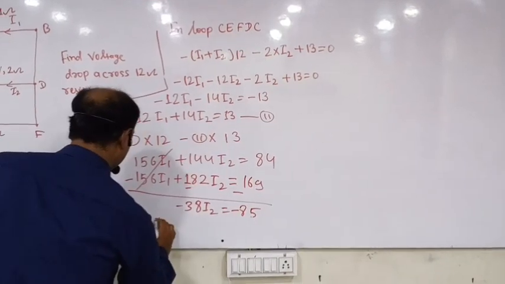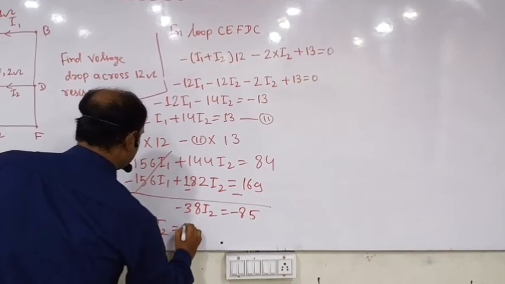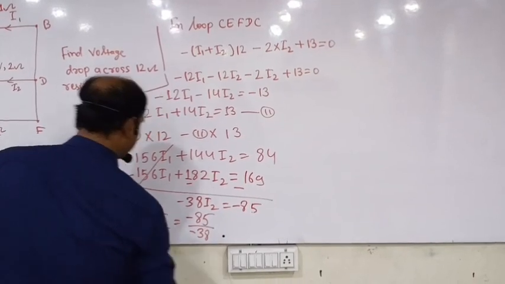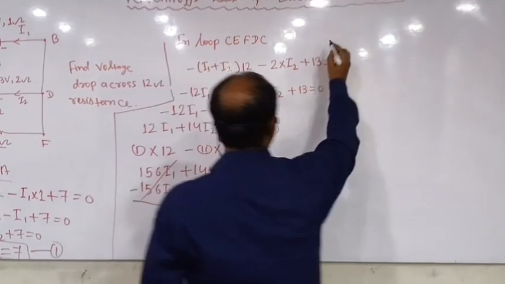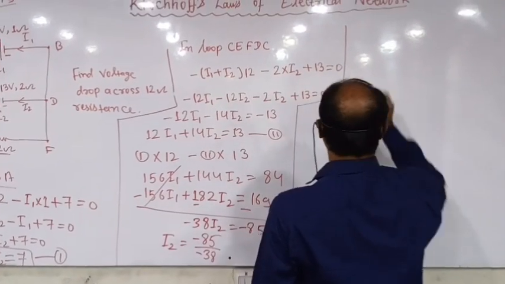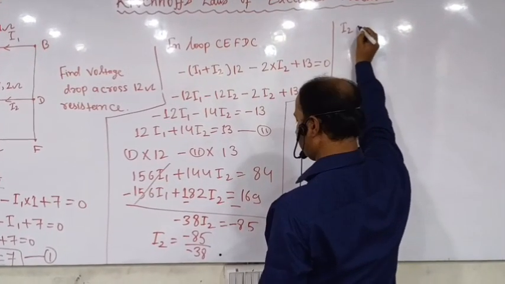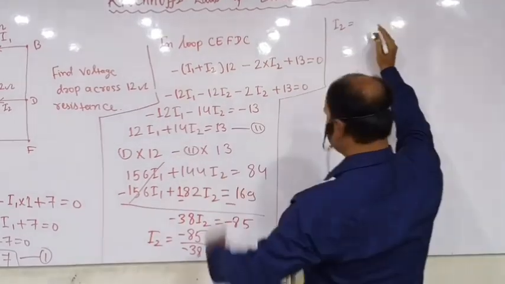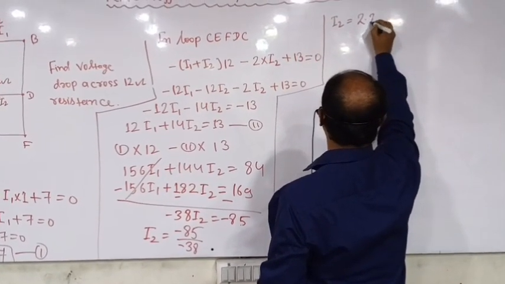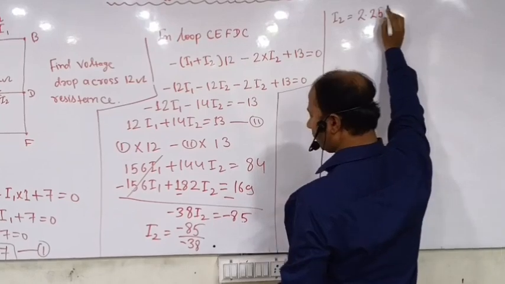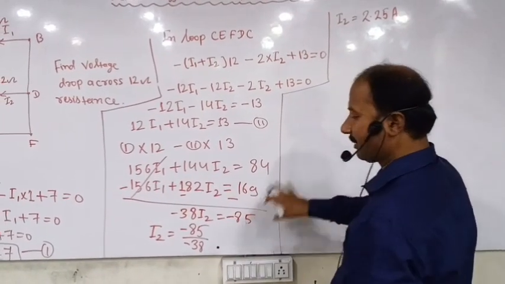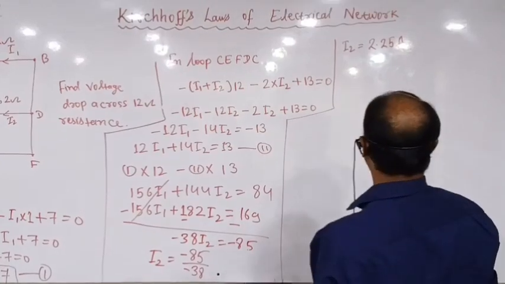So what is the value of I2? I2 equals minus 85 upon minus 38. I2 is approximately 2.25 ampere. I am taking its approximate value, it becomes 2.25.